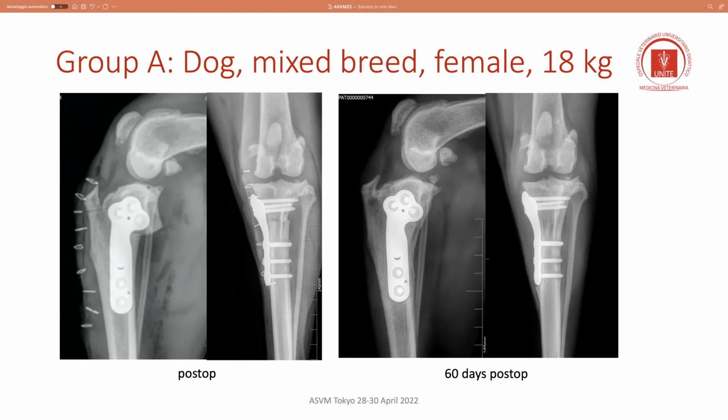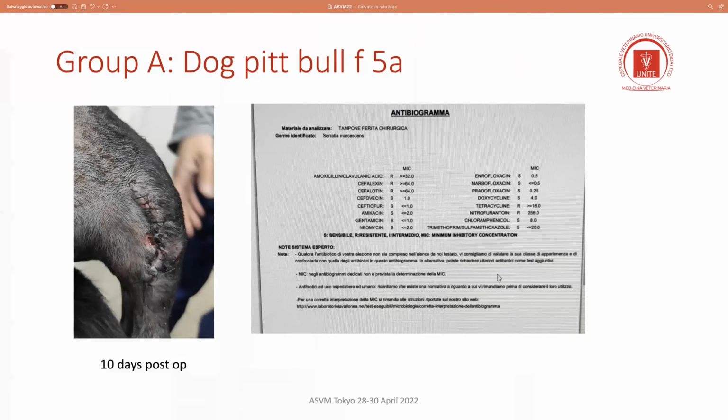But the other dog is a pit bull female, 5 years old. This dog had a TPLO surgery in which there was a negative intraoperative culture swab. But unfortunately, 10 days after surgery, there was evidence of wound dehiscence. We performed a new culture swab that was positive for Serratia marcescens.